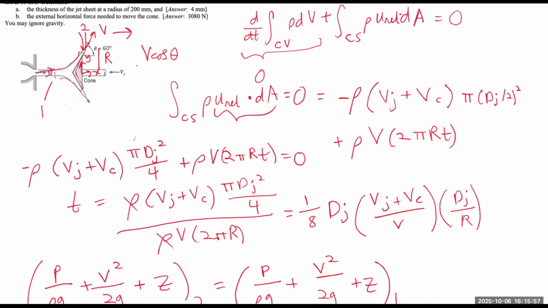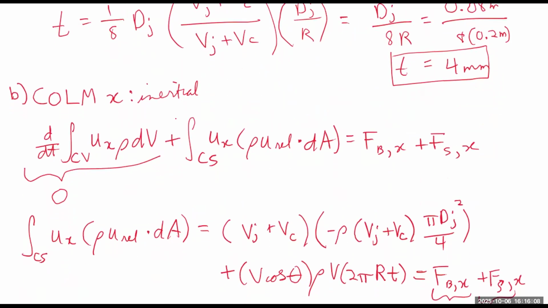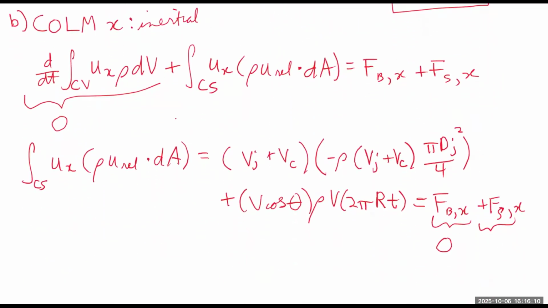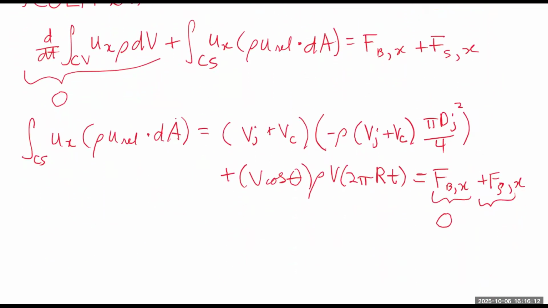Sorry, I mean the force of the cone on the stream of water is going to be F. So Fsx, the force needed to move the cone, is equal to negative F. So let me see.